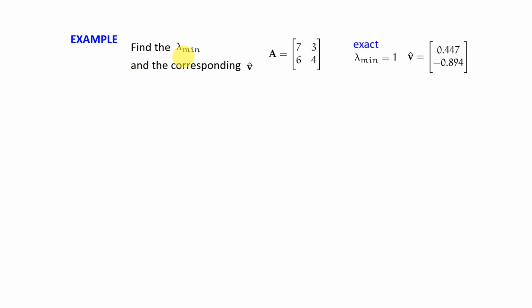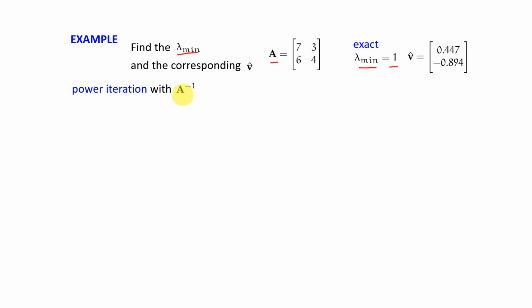Let us say we want to find the minimum eigenvalue of the same matrix A that we have dealt with before, 7 3 6 4, and we also did an exact solution. We know that the minimum eigenvalue is 1 and the corresponding eigenvector is 0.447, minus 0.894. This is a very simple case, but it will give us the idea of how to use the inverse power method.